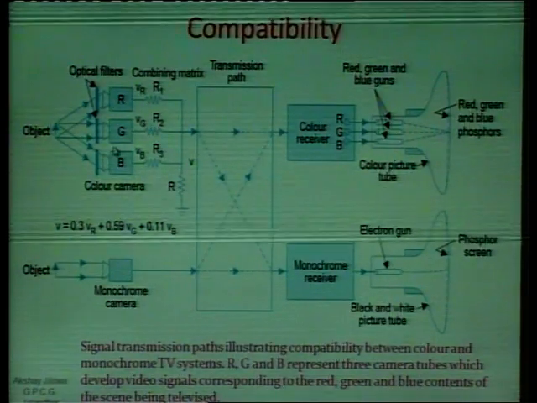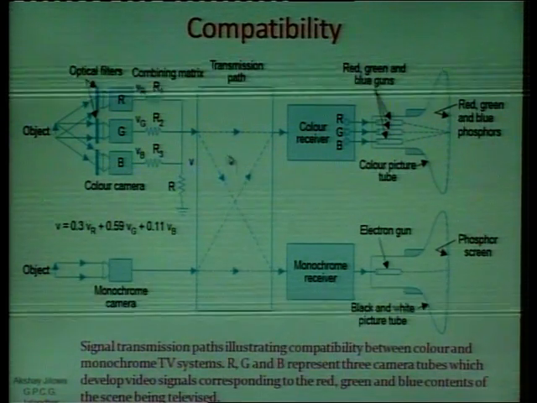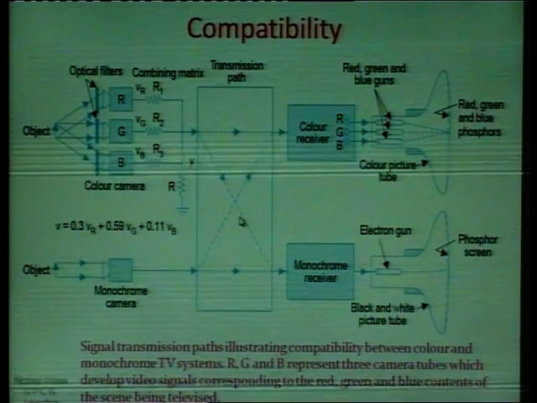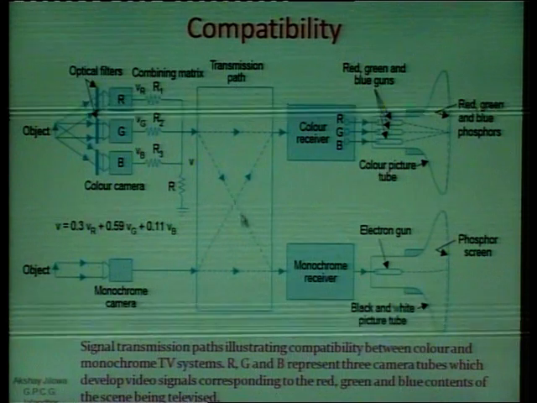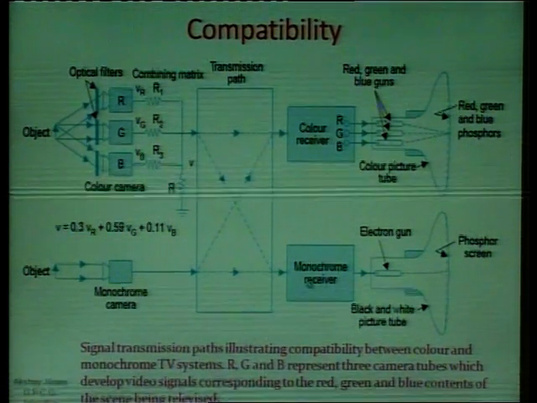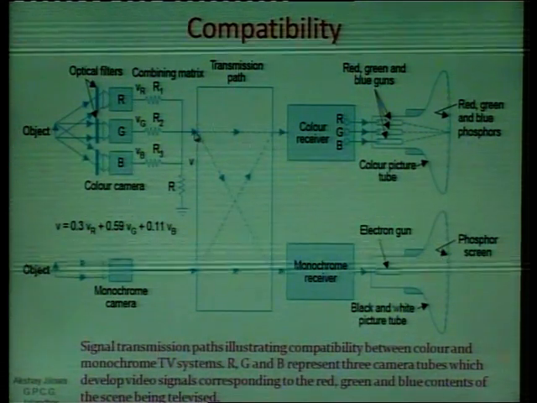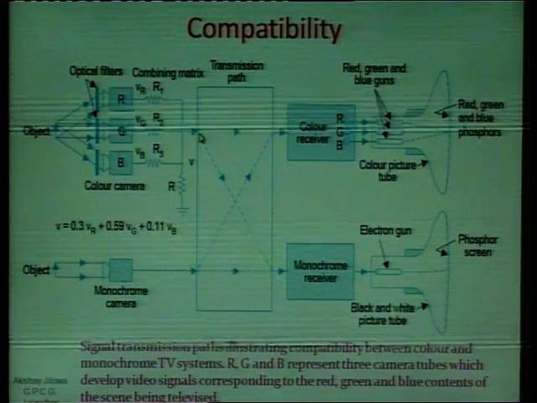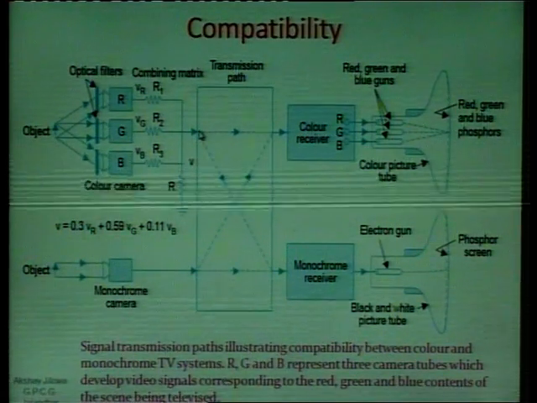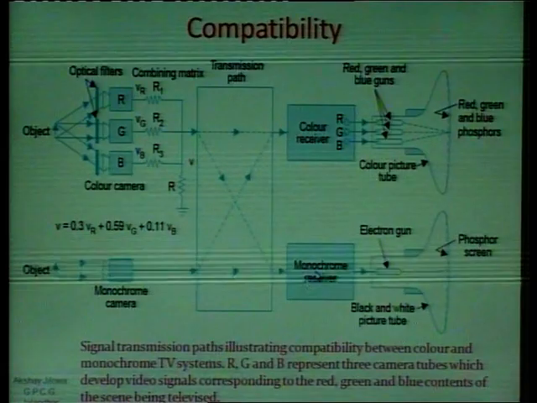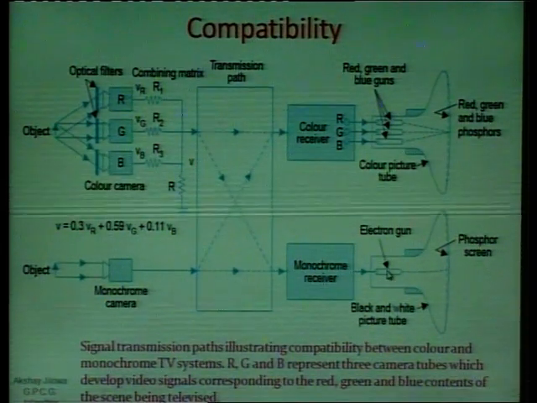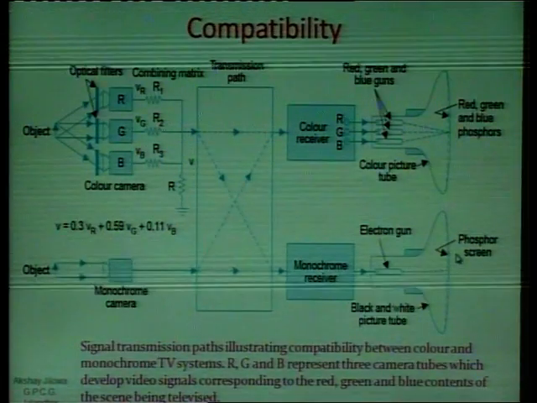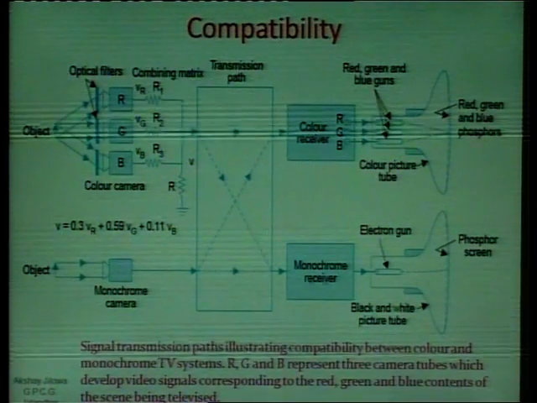This is how color TV works, but if there is compatibility, then this signal should be able to be displayed on a monochrome receiver. If the same signal, after getting mixed in the combining matrix, is fed to the monochrome receiver, the receiver should be capable of displaying it in the corresponding black and white form.